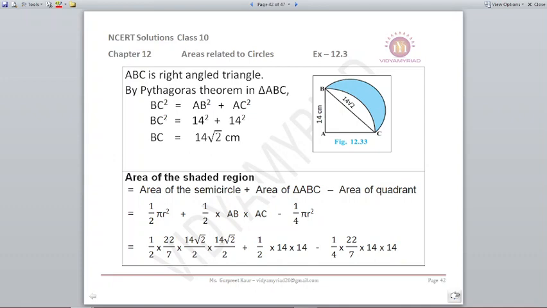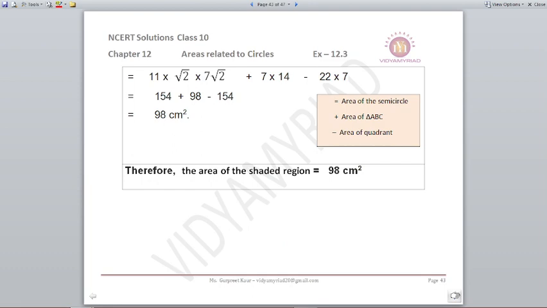The quadrant formula is 1 by 4 pi r square, so 1 by 4 into 22 by 7 into 14 into 14. These are all the values we have put here. We will solve it. We get the answer as 98 centimeters square. So, this is the area of the shaded region.